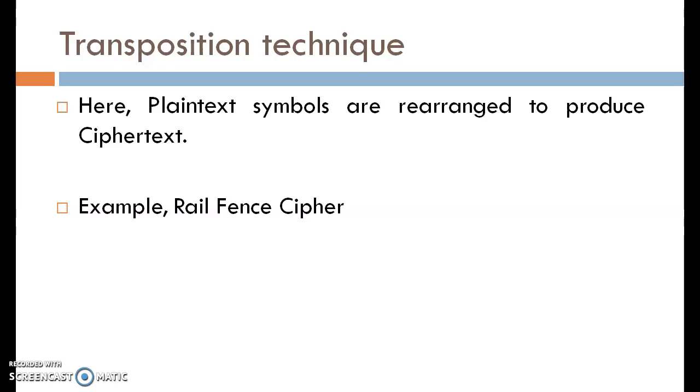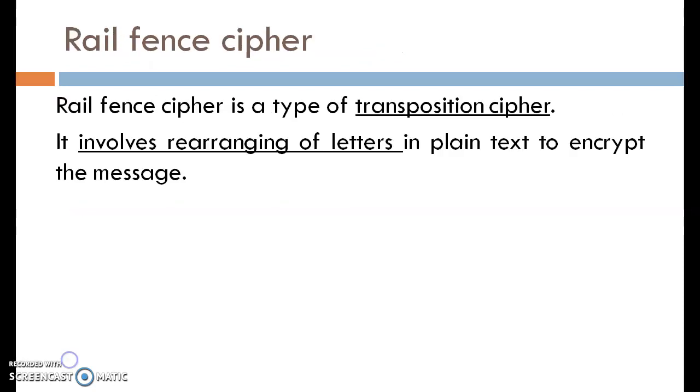The examples of transposition techniques are the rail fence cipher and the columnar cipher. Now first, rail fence cipher. Rail fence cipher is a type of transposition cipher. It involves rearranging the letters of plaintext to encrypt the message.